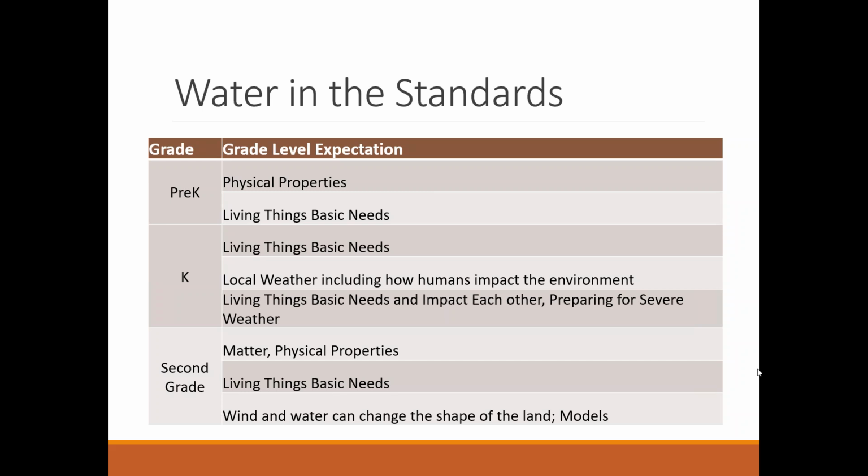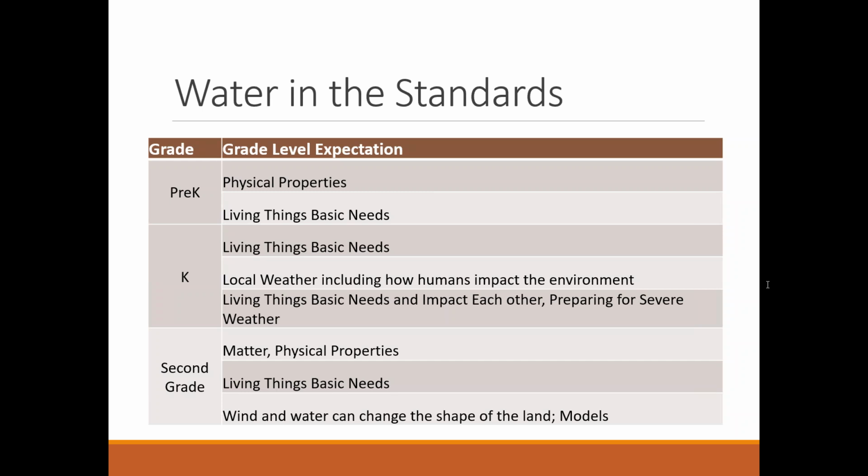You'll also see weather occurring for the first time in kindergarten, and I think it's exciting to note that there's actually a part in the weather grade level expectation that relates to how humans impact the environment. And you're going to see that throughout the grades, a lot more emphasis on what is our relationship with the environment.